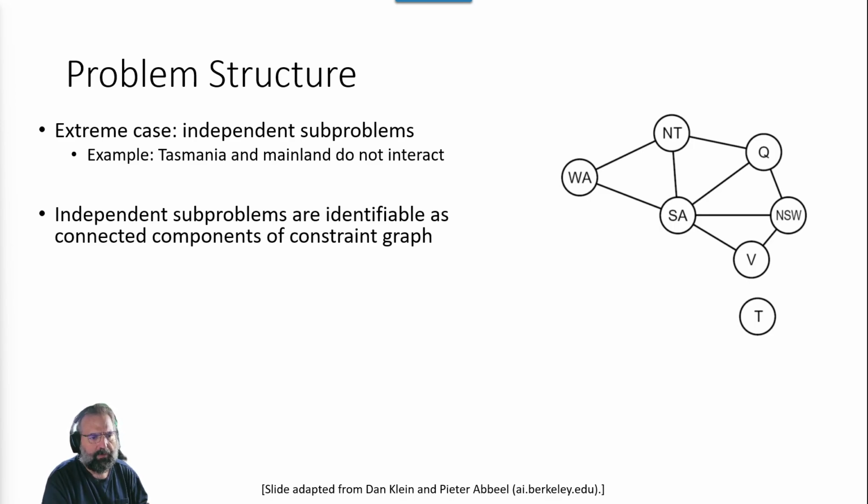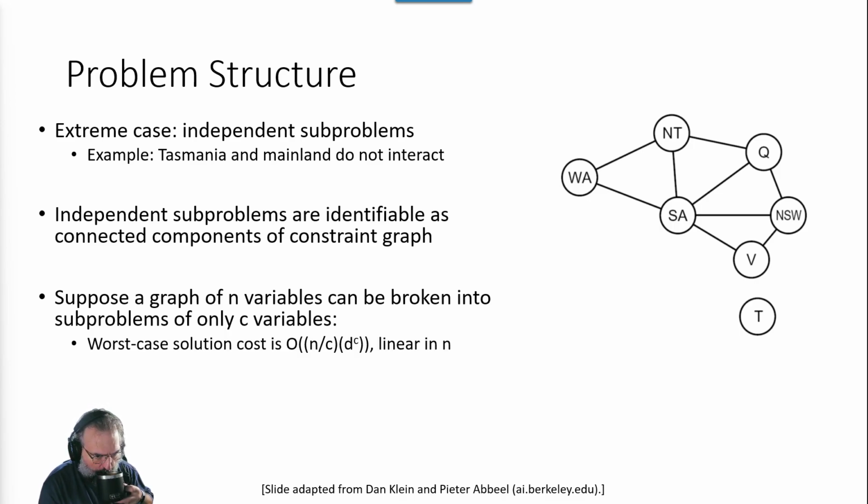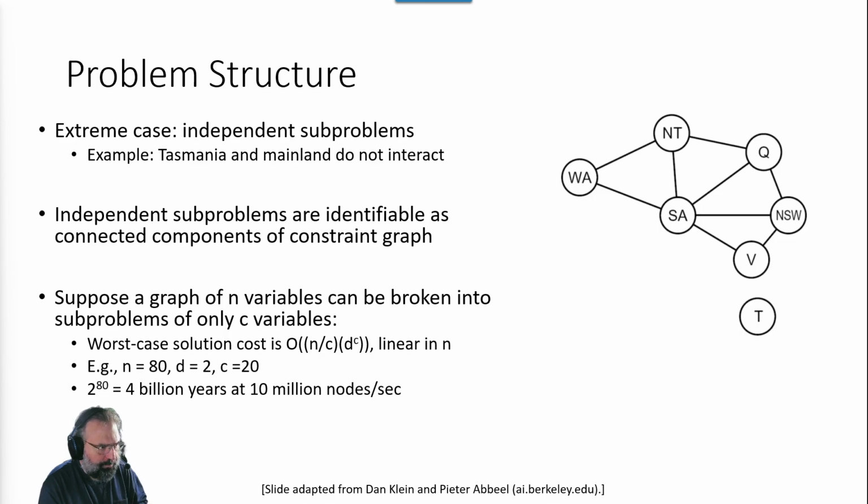But that's probably not going to be as common as those that have some sort of subcomponents that maybe could be solved, but not necessarily all in isolation. So taking the bottom example, suppose that you have a graph of n variables that can be broken into subproblems of only C variables.